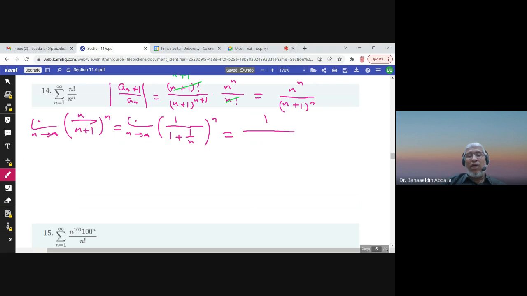And the limit of 1 is 1 over the limit when n goes to infinity of (1 + 1/n) to the power n. And I have just told you that this limit is e. We evaluated this limit and the limit was e. So the answer is 1 over e, and this is less than 1. So by the ratio test, the summation of a_n is absolutely convergent.